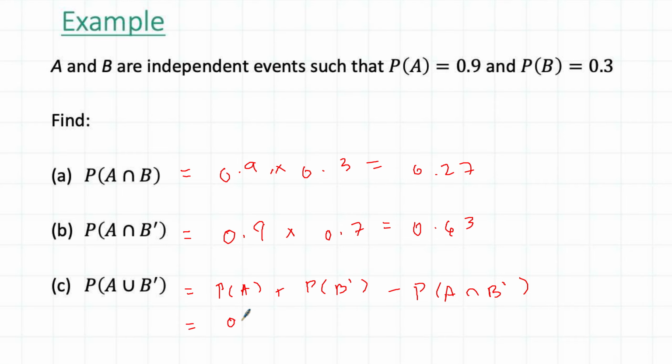So we know the probability of A is 0.9. We know the probability of B complement is 0.7. And we know that their intersection is 0.63. So that will give us 0.97.